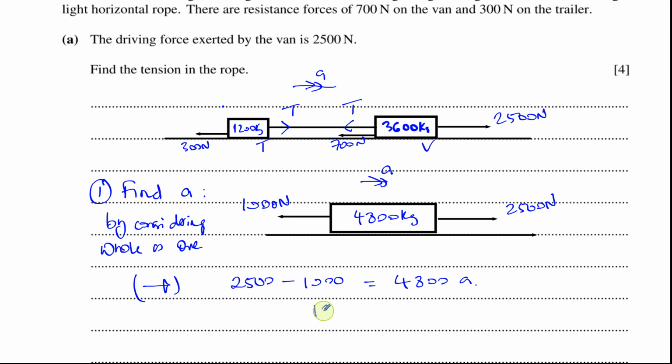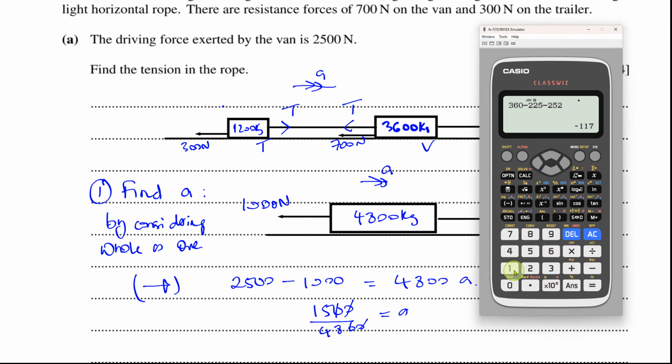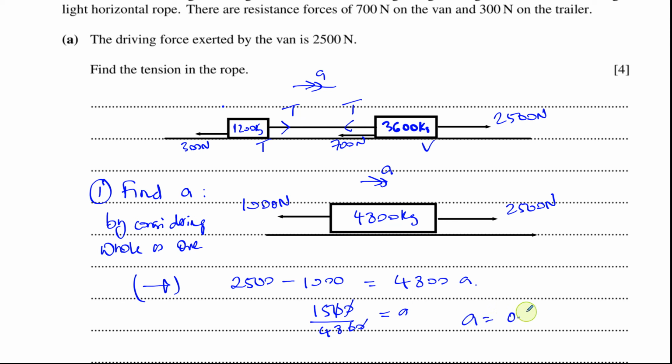That gives you 1,500 divided by 4,800, which is 15/48. So 15 divided by 48 gives you 5/16, 0.3125 meters per second squared.